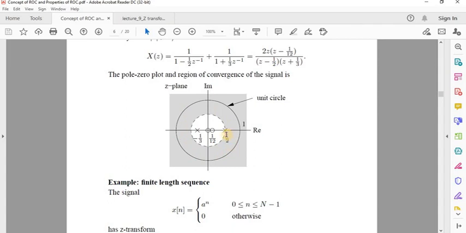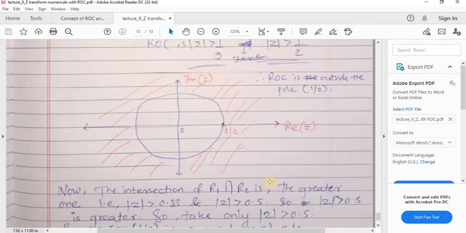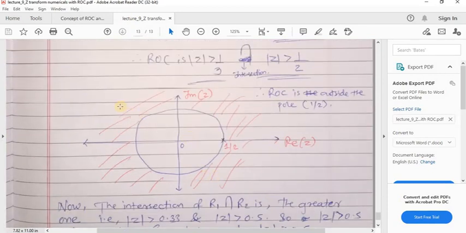So it will be outside the pole 1 upon 2. Inside the pole there is no ROC present because it is a right-handed sequence. The ROC will be present outside the pole. They have indicated it by gray marks.